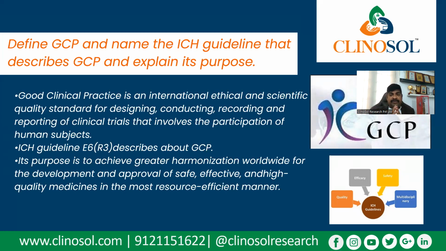Hopefully, the draft will change into the final version, which will come as ICH Guideline E6 R3. Its purpose is to achieve greater harmonization worldwide and the development of safe, effective, and high-quality medications, with respect to how drugs can be tested in human beings.